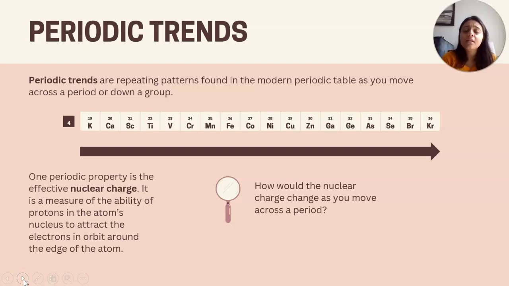These trends are repeating patterns found in the modern periodic table as you move across a period or down a group. These patterns are continuously repeated again and again to establish the characteristics of a particular element and where to assign it, either in the periods or in the groups.